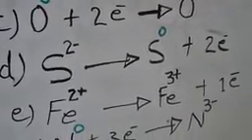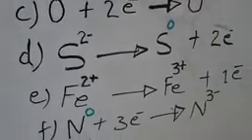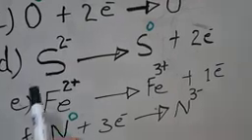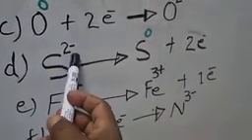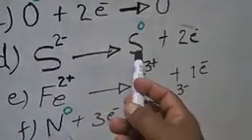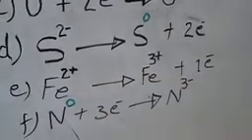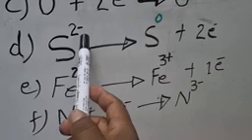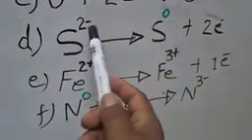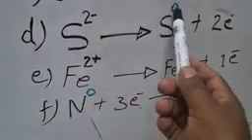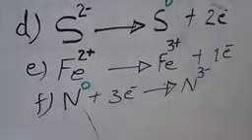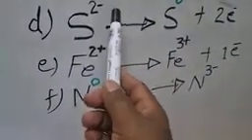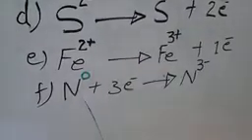When you come to D, as you can see, this is S2- charged going to S0 uncharged particle, which means an increase in oxidation number from negative 2 to 0. If you just assign the number line, it is increasing from negative to 0.